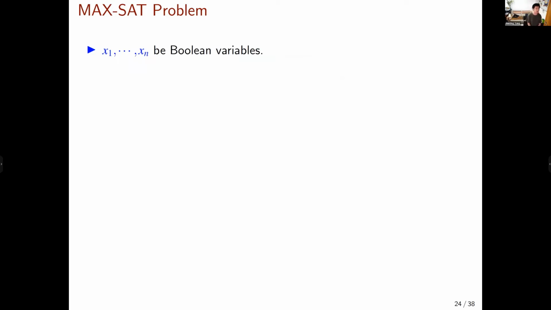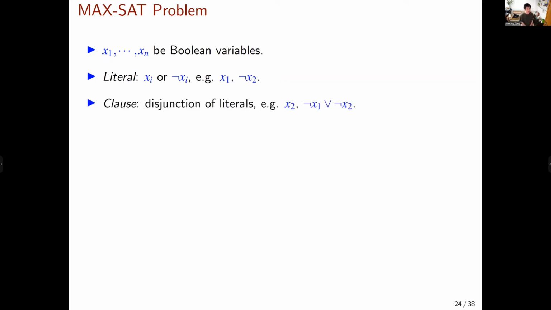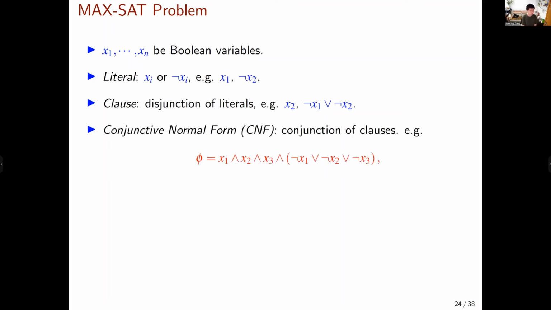Here, let x1, x2 to xn be Boolean variables, and a literal is an atomic formula in the form of xi or not xi. A clause is a disjunction of literals. The conjunctive normal form, in short CNF, is a conjunction of clauses.